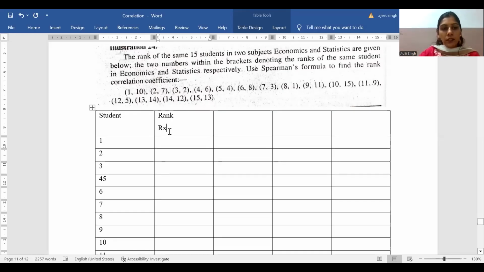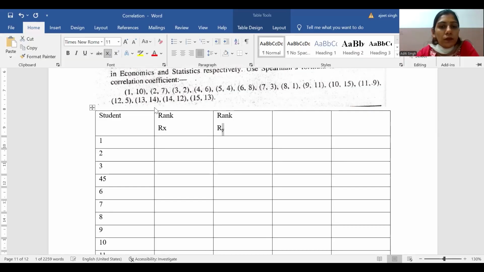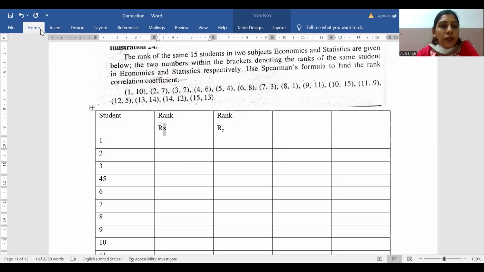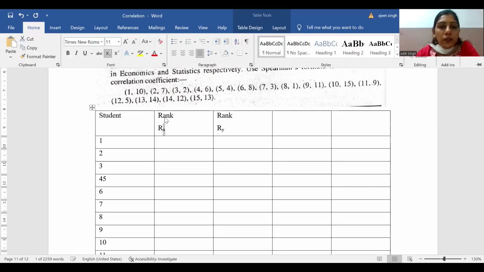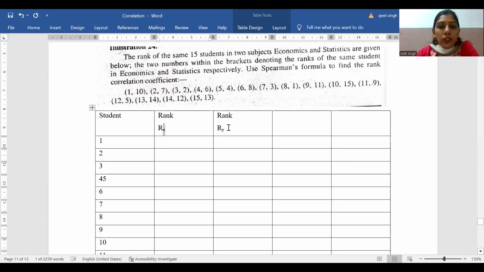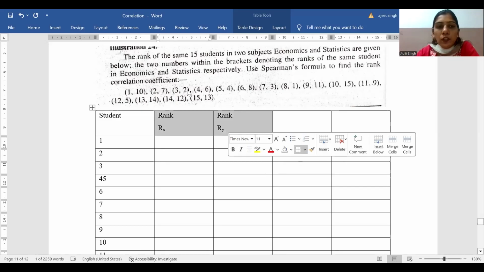This denotes variable x, and for statistics we will denote variable 2 by y, the rank Ry. So this is variable x and variable y.